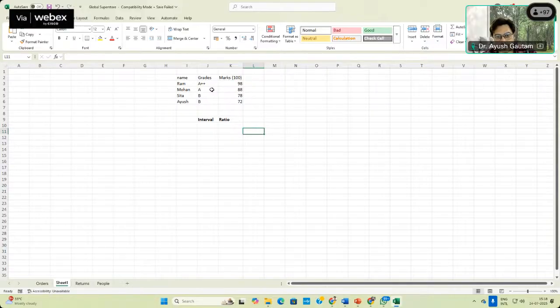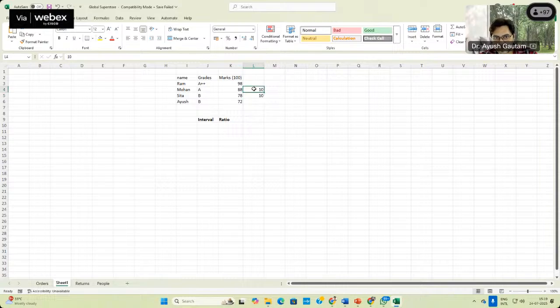And the difference between 98 and 88 marks is 10. Between 88 and 78, तो इन दोनों का डिफरेंस कितना होगा? इन दोनों का डिफरेंस होगा 10 मार्क्स. ठीक है, एंड इसका भी डिफरेंस होगा 10 मार्क्स, राइट? 98 to 88 and 88 to 78. The difference is 10 marks, right?